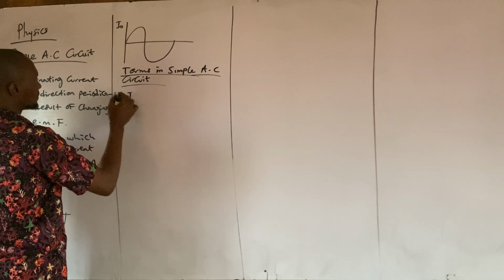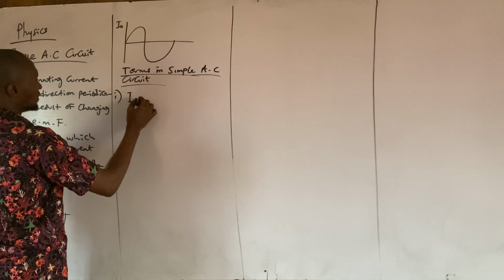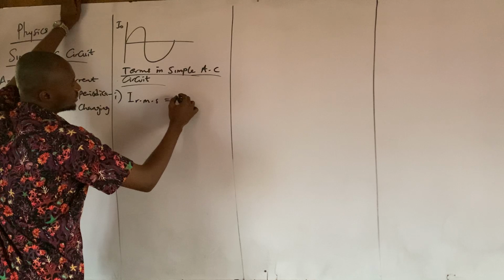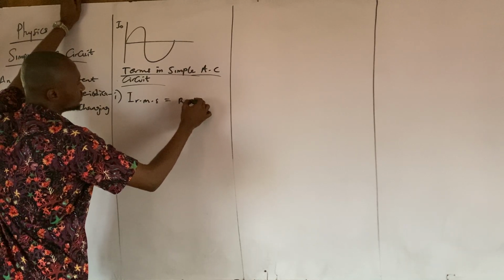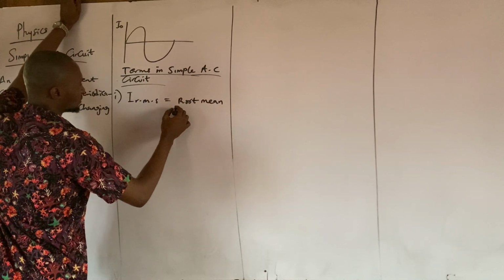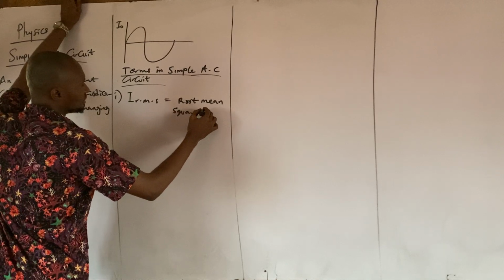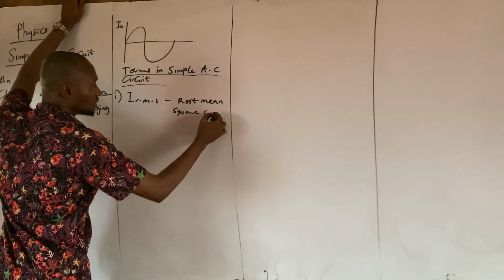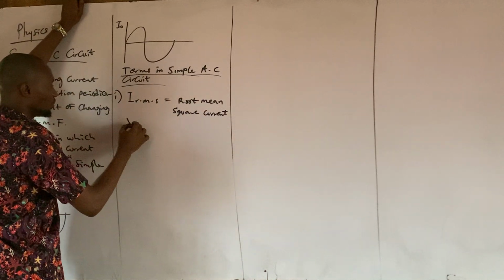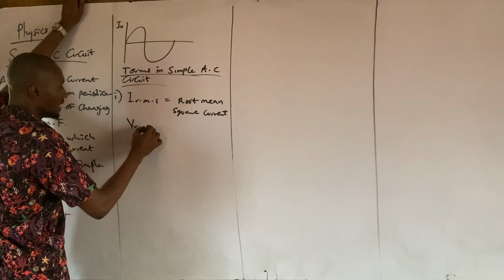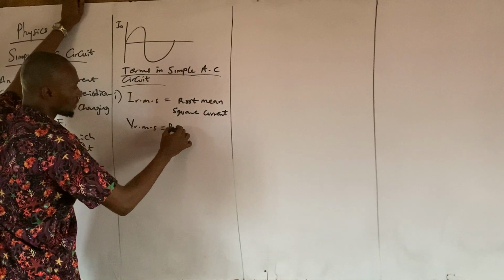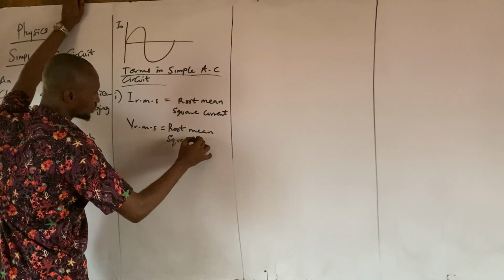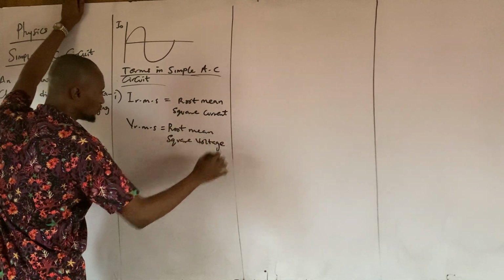We have this. This is called root mean square current. The I there, you know I means current, right? We have VRMS. This is root mean square voltage.